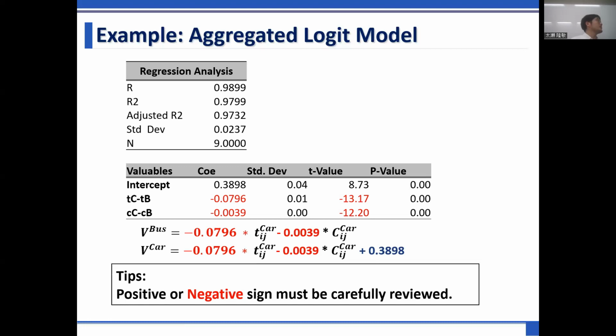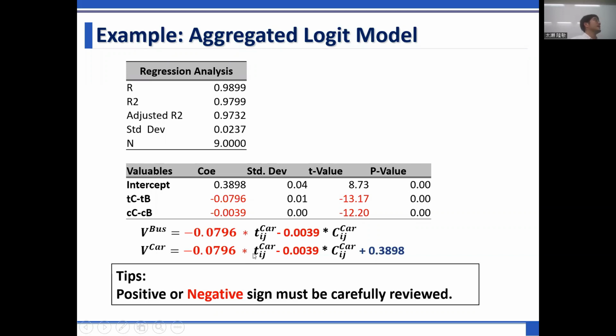According to these parameters, the travel cost is 0.0039 and the travel time is 0.079. It means 20 Kenyan shillings is the same as 1 minute for both of the persons.